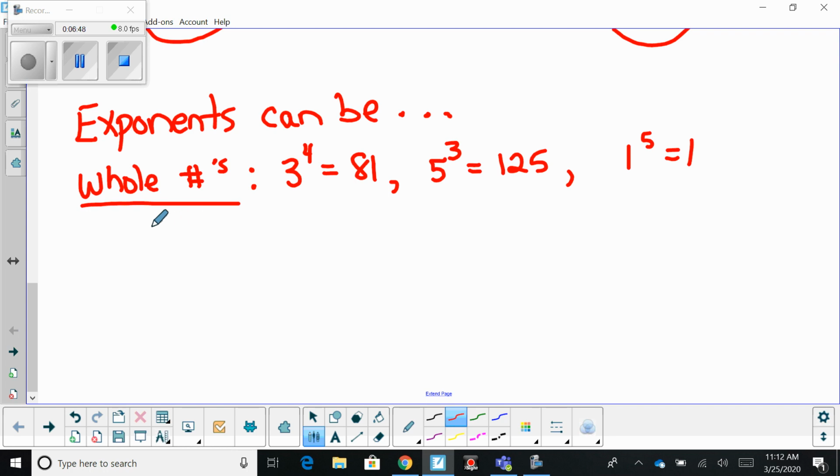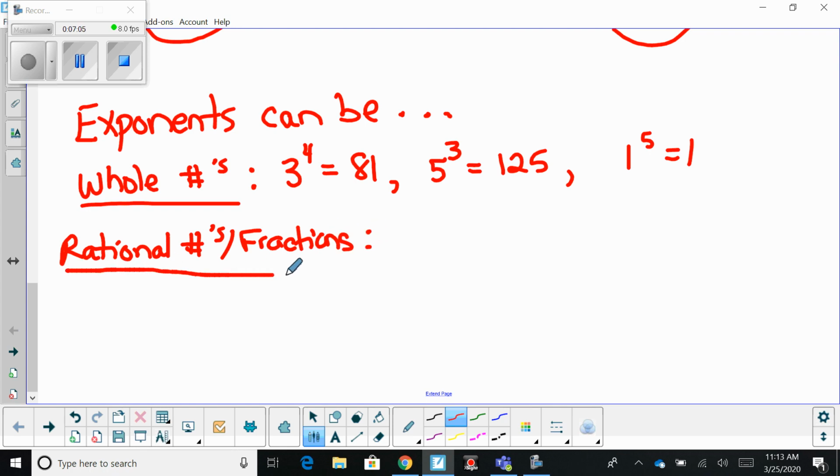We may also have rational numbers or fractions as exponents. Remember at the beginning where I wrote 27 to the 1/3. 1/3 is a fraction.